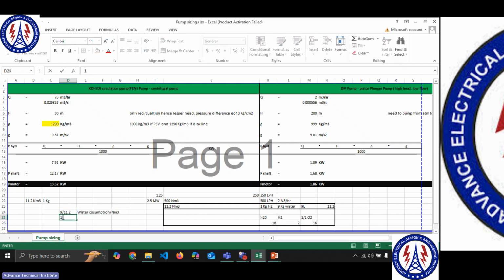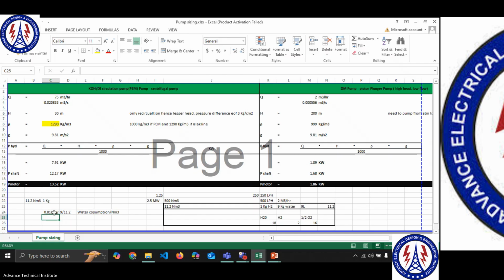Practically, it is 1-to-1. 9 by 11 is not 1, right? Getting my point? So this is only 0.8 liter. Theoretically, you should be able to generate 1 NMQ with 0.8 liter of water.